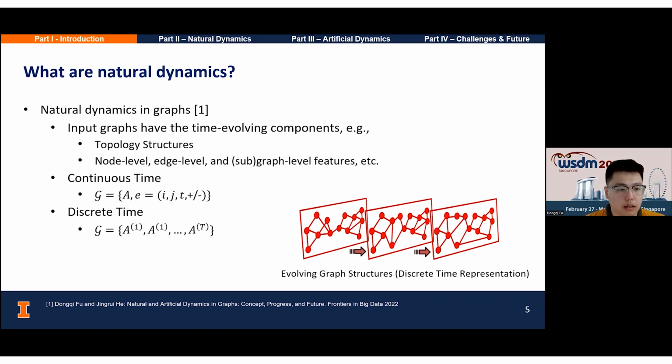Each method has its pros and cons. So based on your specific problem setting in the future, you may choose continuous time or discrete time for research.